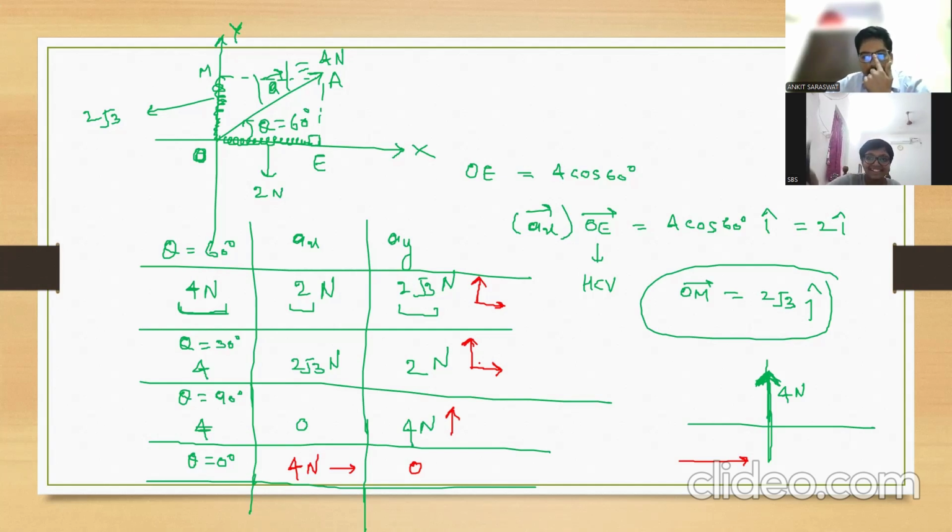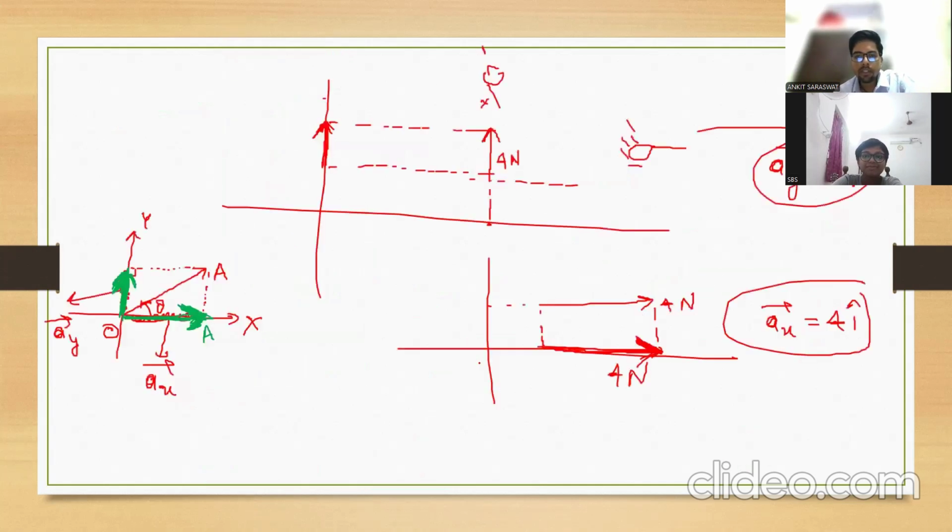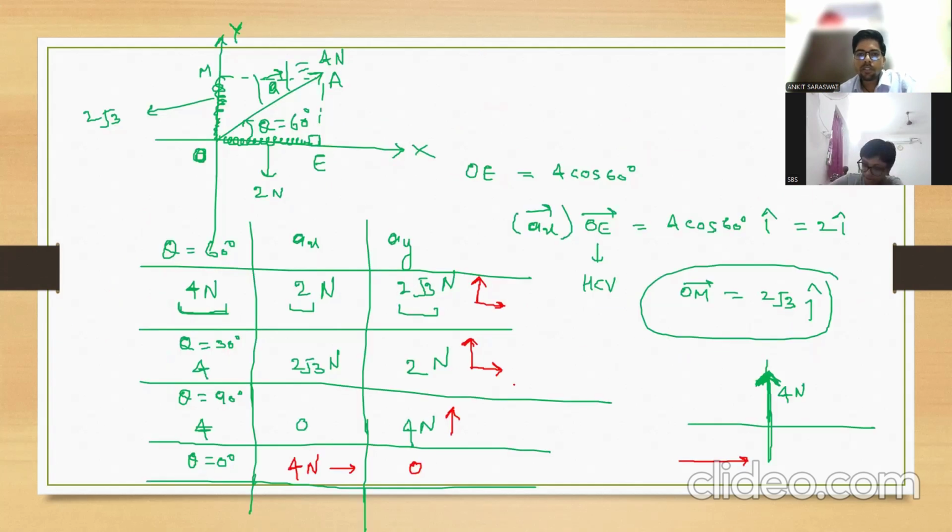Okay, understood? Projection clear? Projection simply means the shadow. In classes 6, 5, 4, 5, you have understood how to find the shadow.